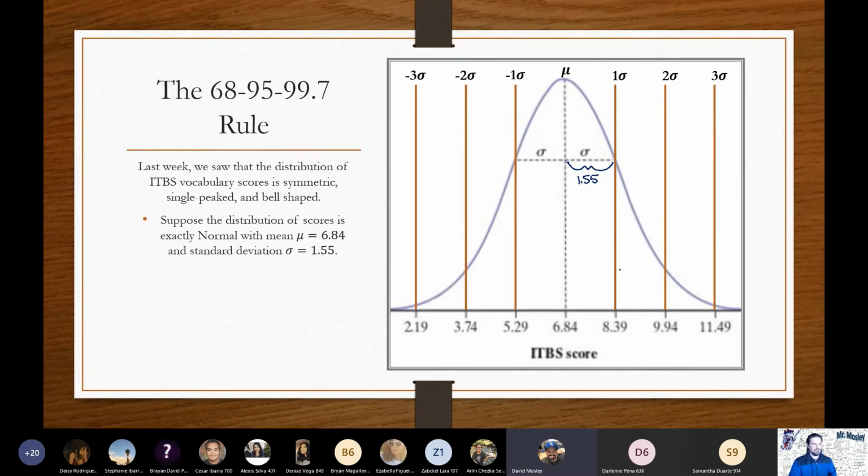Again, if we go from here to here, another 1.55, and so on. Each sigma is the same value.